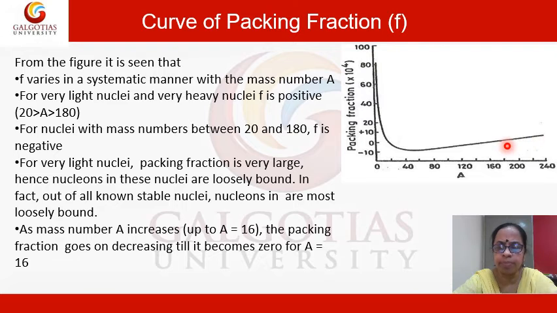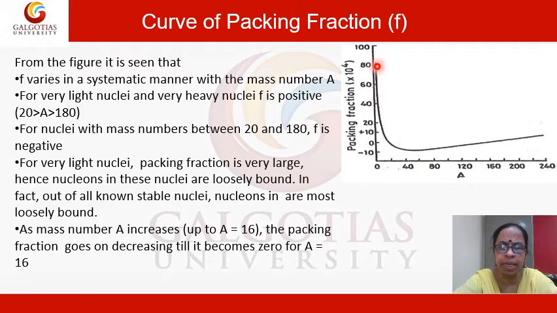For nuclei with mass number between 20 and 180, f is negative. For very light nuclei, packing fraction is very large. Hence, nucleons in these nuclei are loosely bound. In fact, out of all stable nuclei, nucleons in this place are most loosely bound.